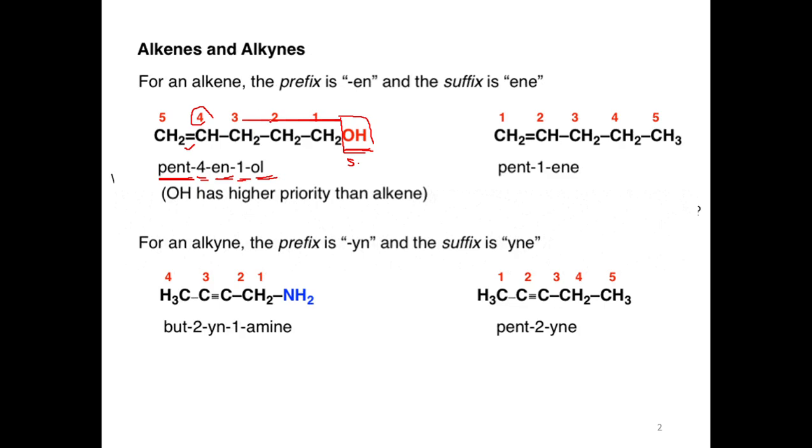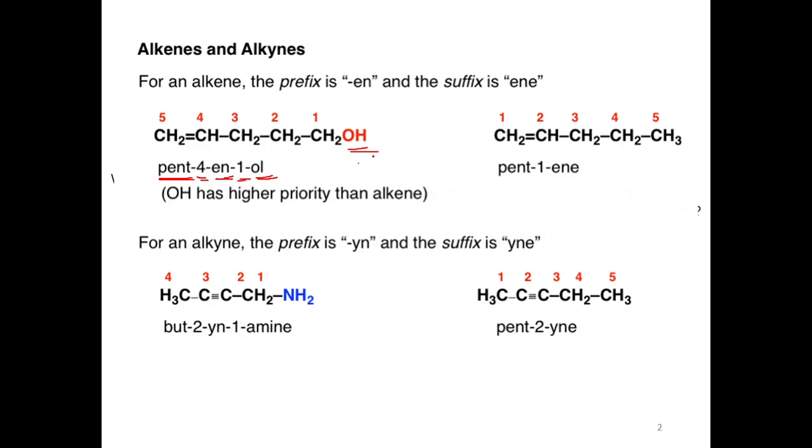Now the question arises here, how are we giving the numbering, how are we deciding from which carbon we have to give number 1 and 2. So all of you can see here, we have a highest priority functional group here, OH, alcohol group.